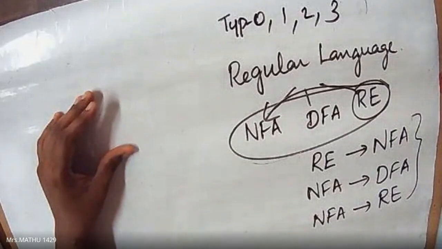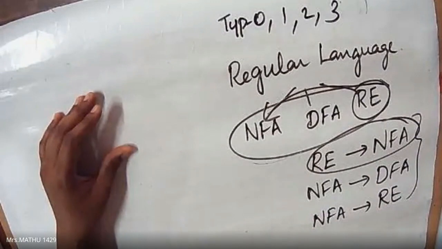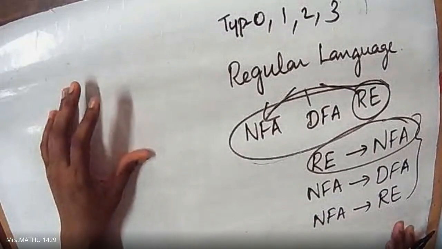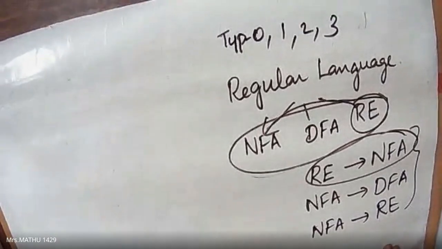So today we will start with the first one, that is regular expression to NFA. When a regular expression is given, how can we draw an NFA?